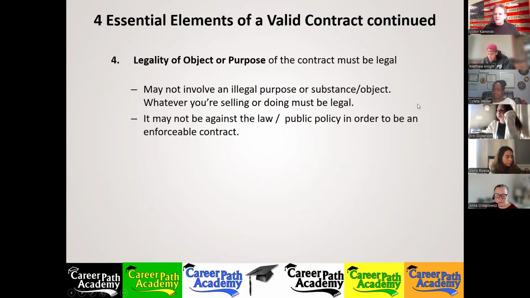You cannot have a legally enforceable contract to kill somebody, right? Because murder is illegal. You cannot have a legally enforceable contract to sell an illegal drug, an illegal controlled substance like cocaine, right? It's an illegal drug. So it must not be against the law, public policy, in order to be an enforceable contract.